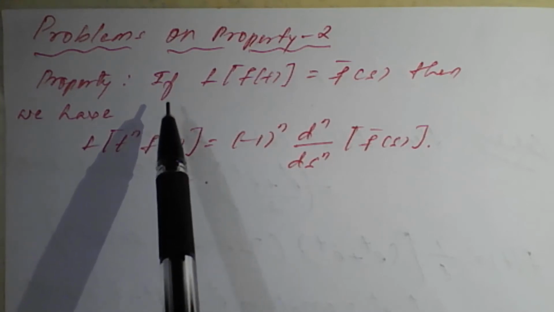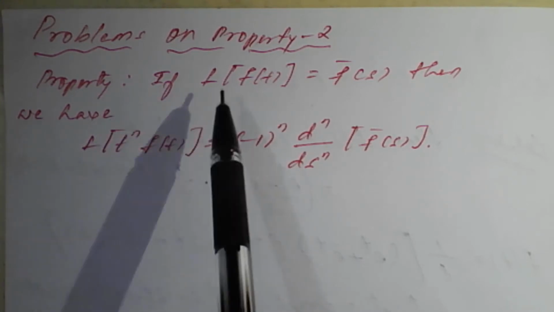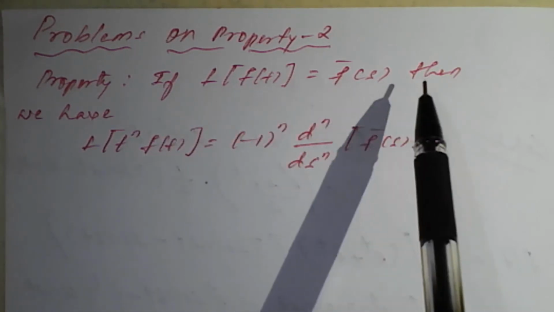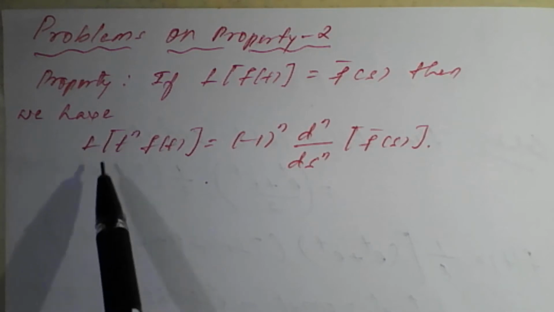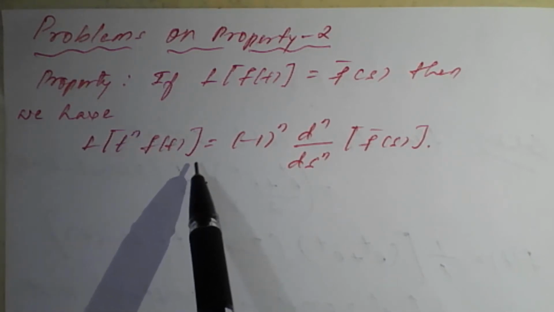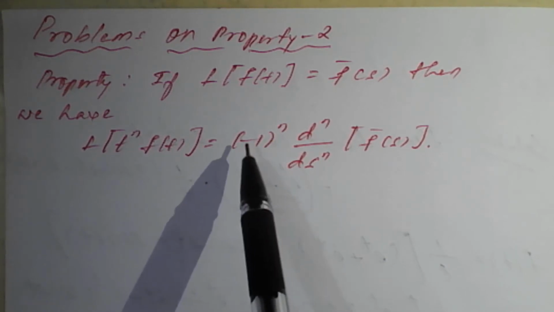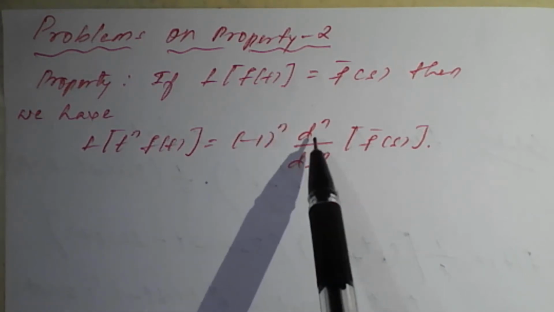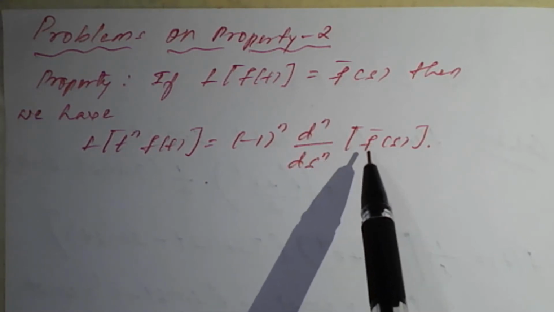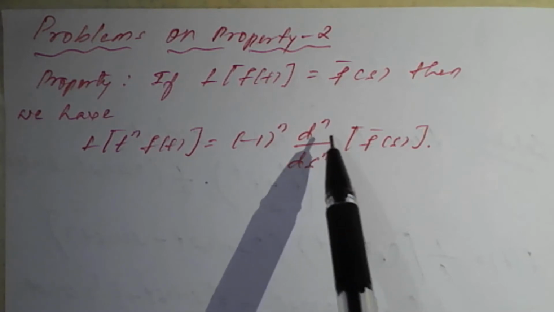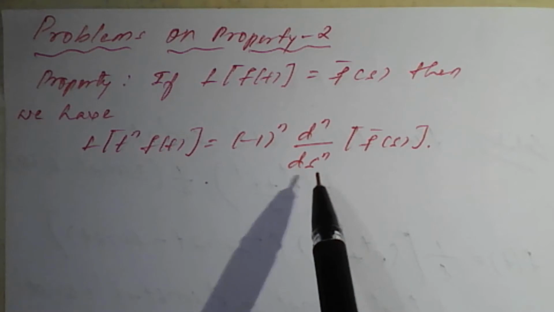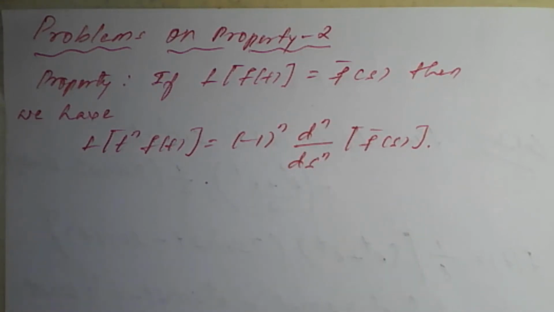What property 2 says: if L of f of t is equal to f dash of s, then Laplace transform of t raised to n into f of t is nothing but minus 1 raised to n, d raised to n upon ds raised to n of f dash of s, means the nth derivative of the function of s with respect to s we need to differentiate here.